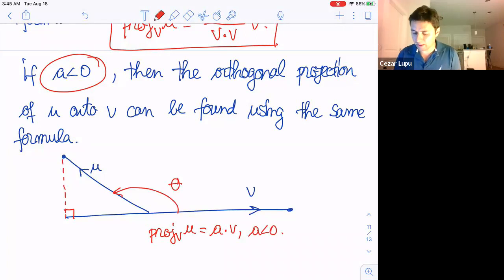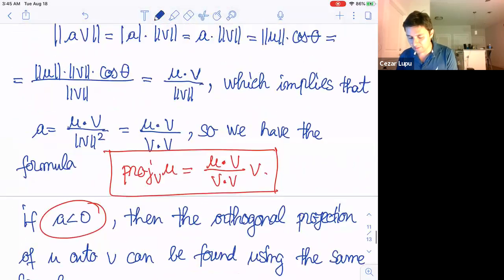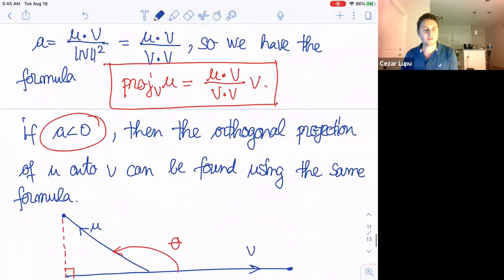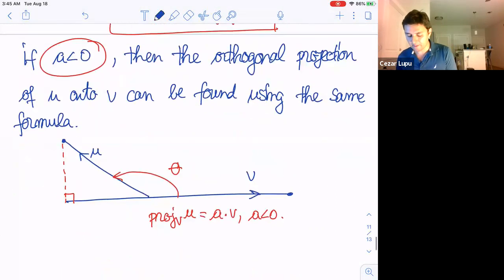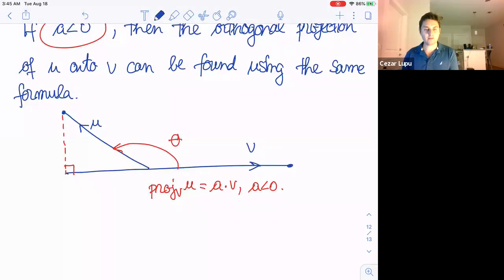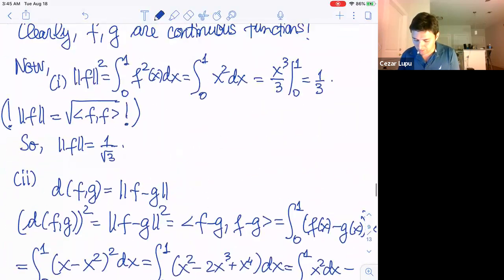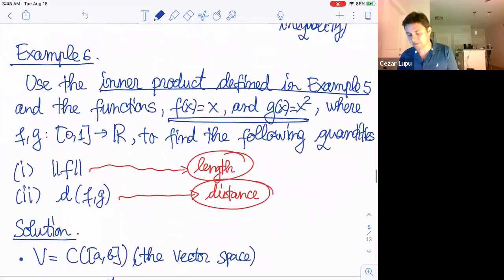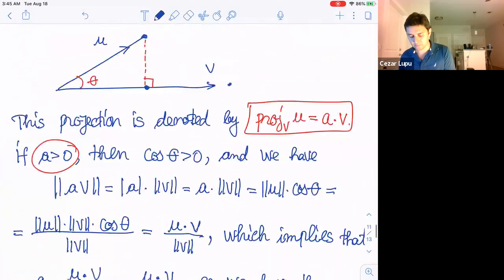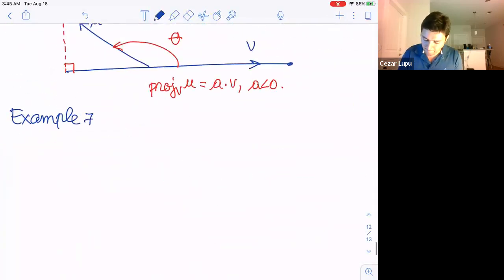And now let me give you a quick example, and this story happens in R2, right? But the question is, we want to replicate this in a much more general setting, and we'll see how that will go. But before that, let me give you an example. Example number 7.